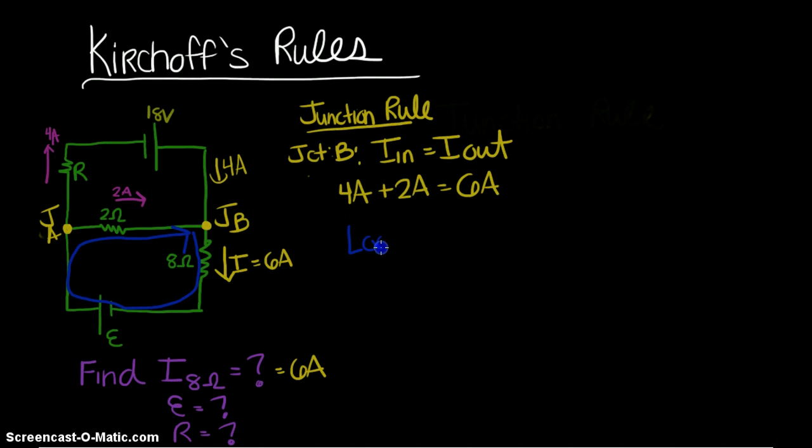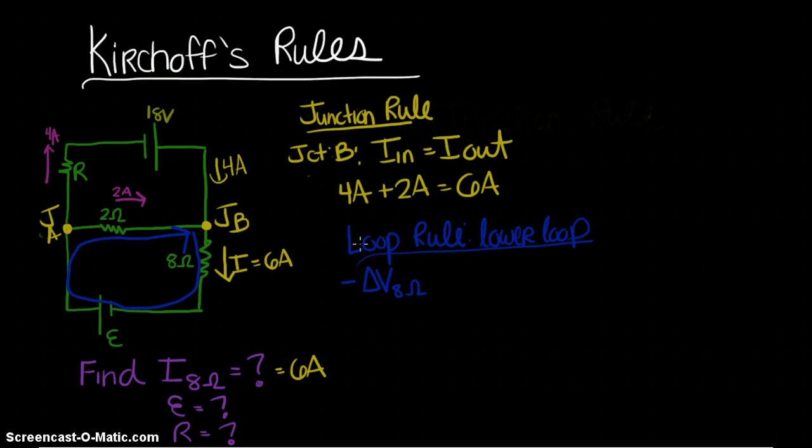So we're going to use the loop rule for this lower loop, or the bottom loop. And we can start anywhere, but I'll start at junction B here. Okay, I need to go across this 8 ohm resistor. It's going to be a loss of electric potential, delta V across the 8 ohm resistor.